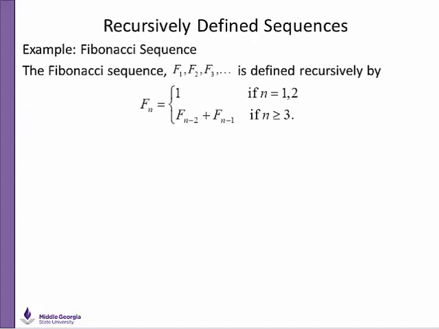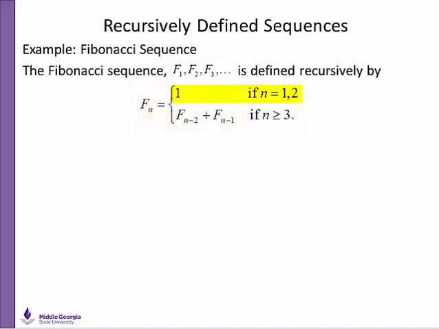For example, the Fibonacci sequence f sub 1, f sub 2, f sub 3, and so on is defined recursively by f sub n is equal to either 1 if n equals 1 or 2, or f sub n minus 2 plus f sub n minus 1 if n is greater than or equal to 3.